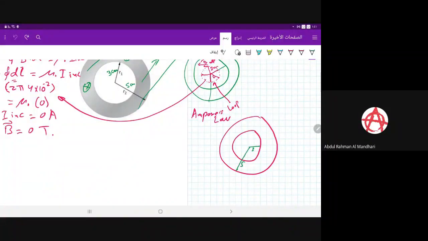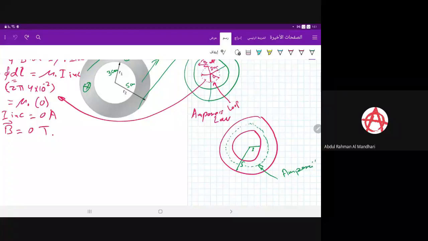We are not looking at less than 3 or more than 5. We are looking in between 3 and 5, which is 4. That means we are located here, at the center of the cylindrical conductor. So actually, this is now our Amperian loop.